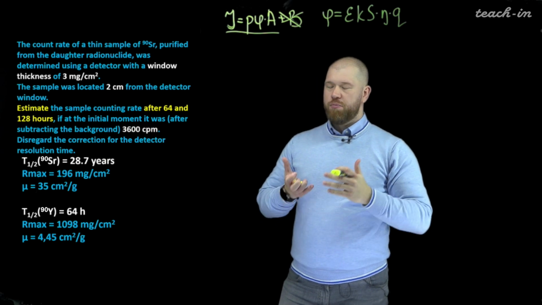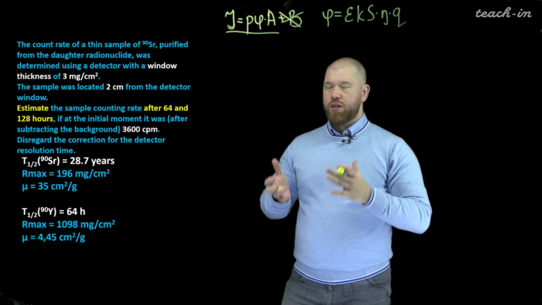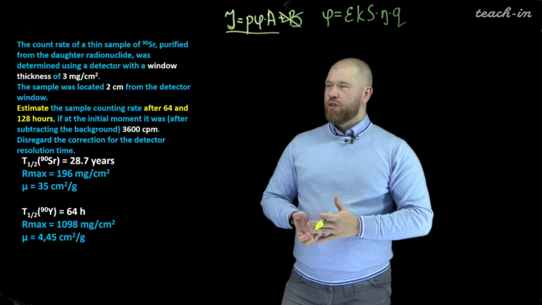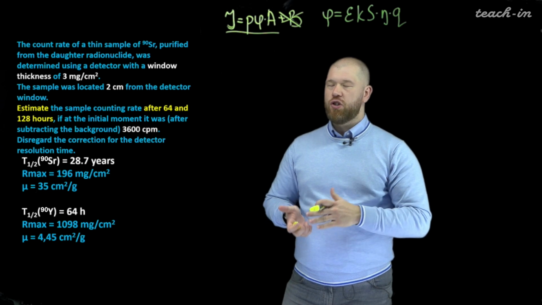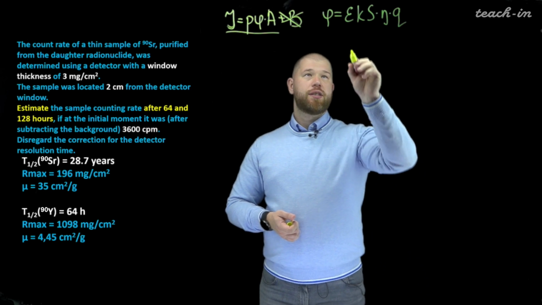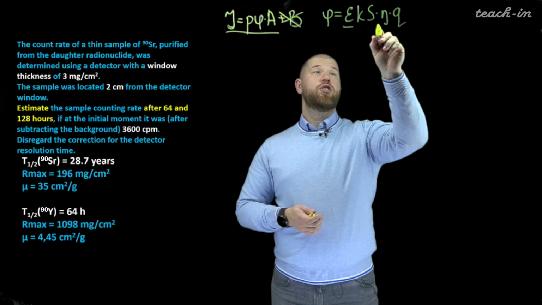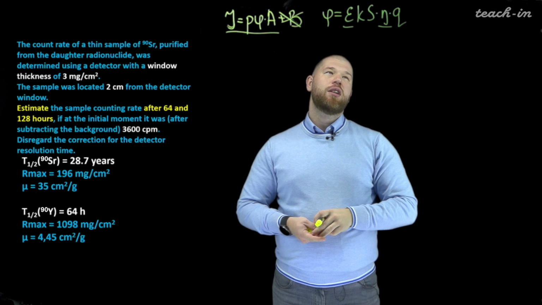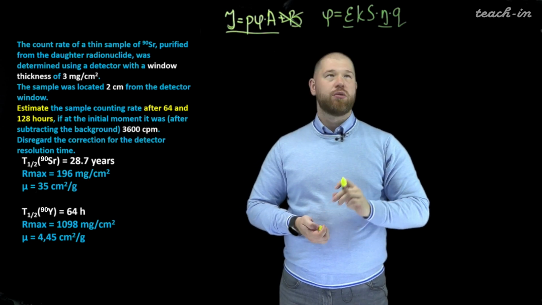As both of these radionuclides are located in the same sample, and the efficiency of the detector will not depend on the energy of the emitted beta particles, we can say that the efficiency of the detector and the geometric parameters will be the same for these two radionuclides.